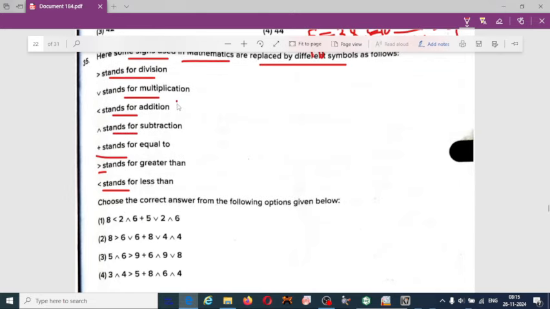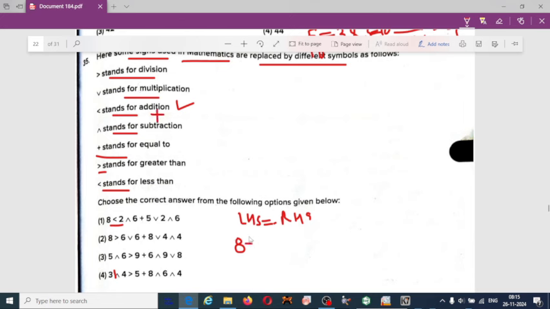This symbol is addition, and we must verify here that the LHS and RHS are equal. You need to verify which option gives this. If you take the first one from all four options, you will get the required answer. Here 8, according to the given symbol, stands for plus sign, addition.